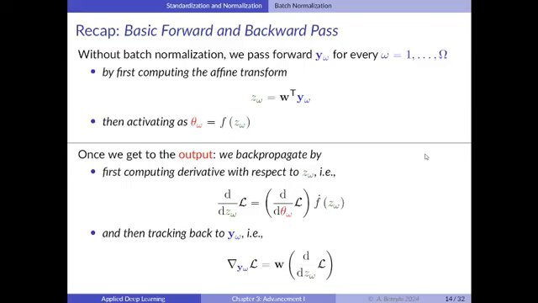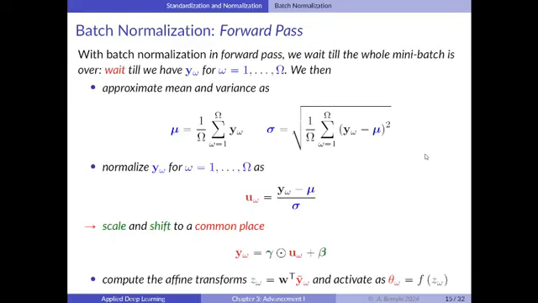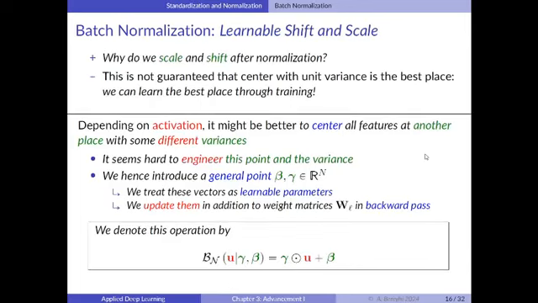This is the normal approach without normalization, but we want to have batch normalization. We conduct these actions, and we scale and shift, and also add learnable scale and shift parameters here.